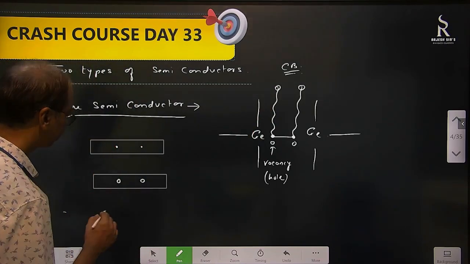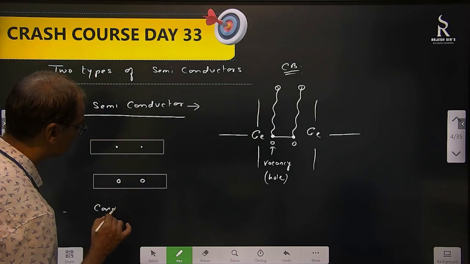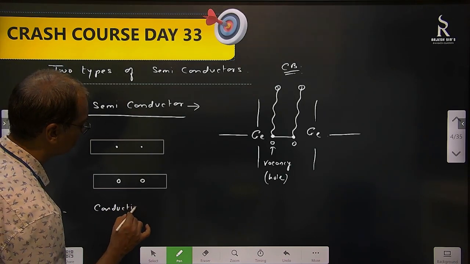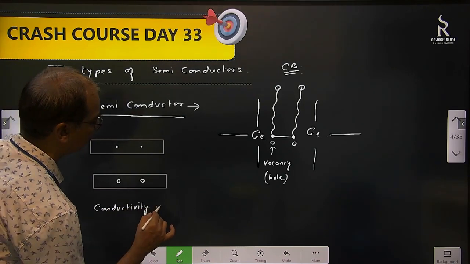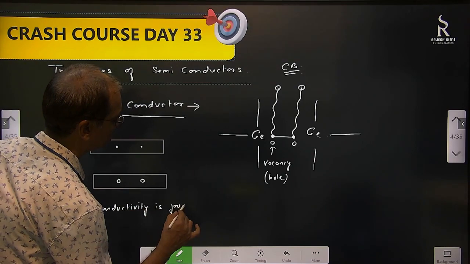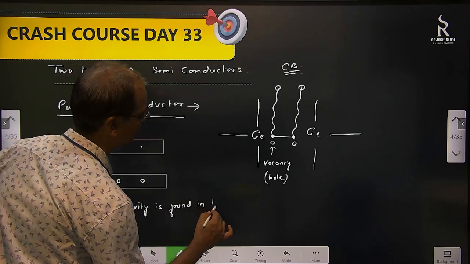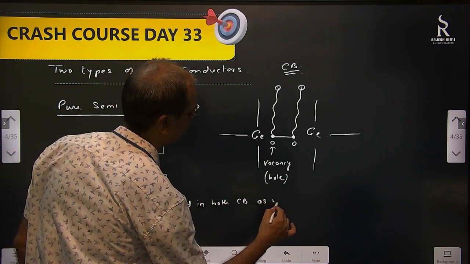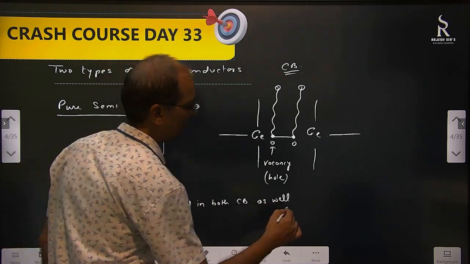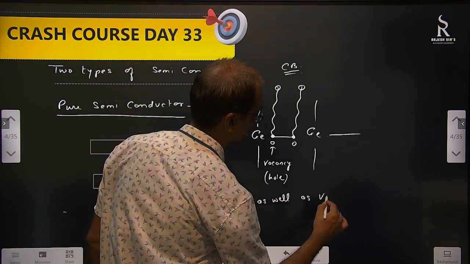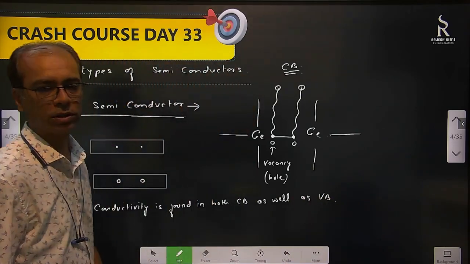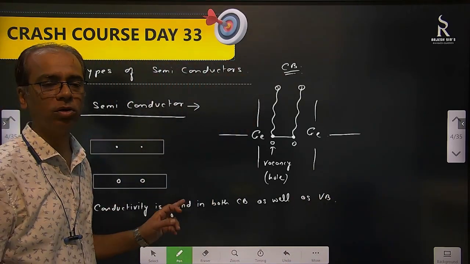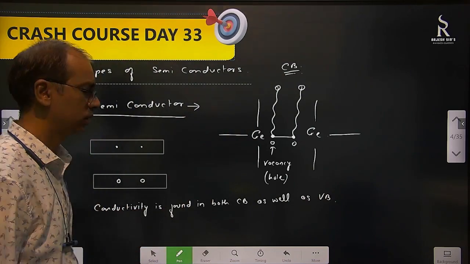Okay, conductivity is found in both the conduction band as well as the valence band. In the conduction band, who is making this conductivity? Electrons. And in the valence band, who is doing it? Holes.